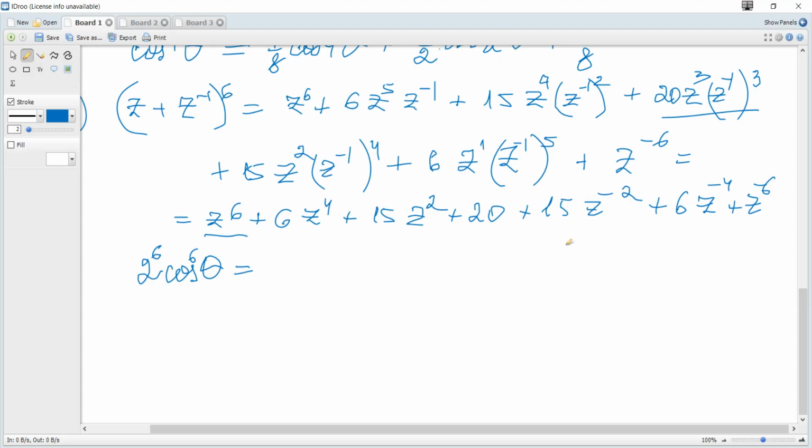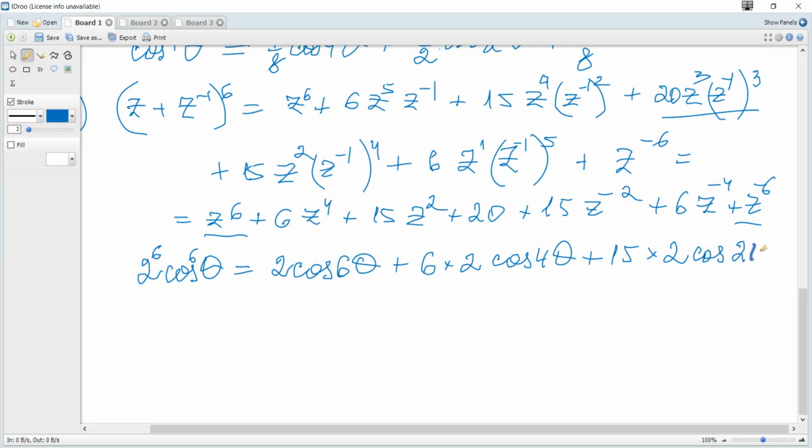And it is equal to 2 times cosine of 6 theta plus 6 as a common factor times 2 cosine of 4 theta plus 15 times 2 times cosine of 2 theta and plus 20.